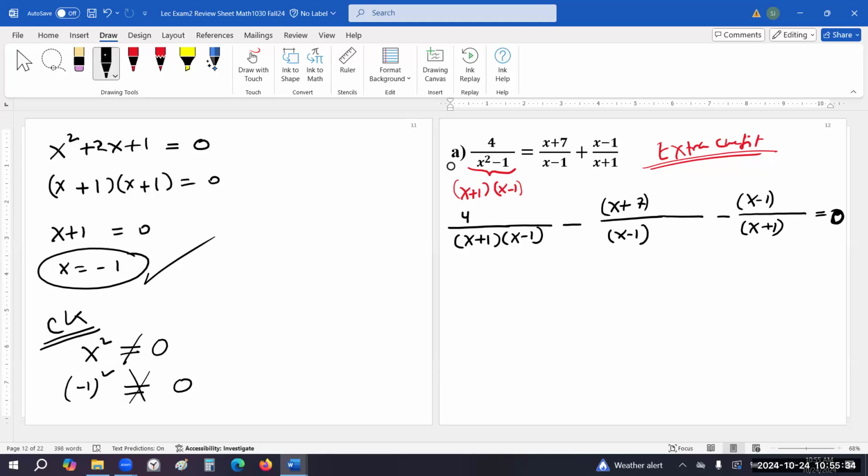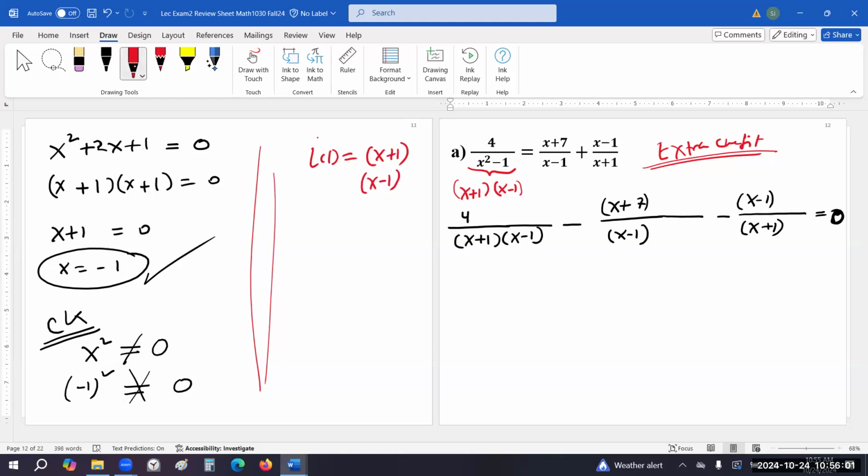And then what do we do? We want to have the LCD. What is our LCD? Both of them, (x plus 1)(x minus 1).